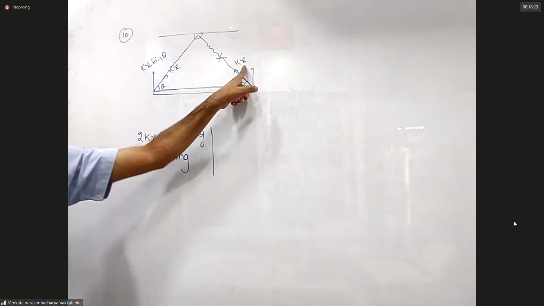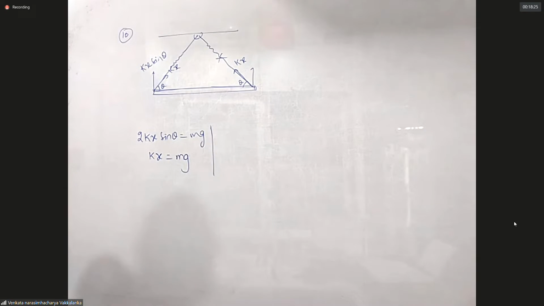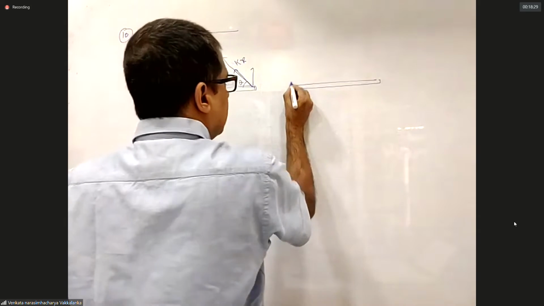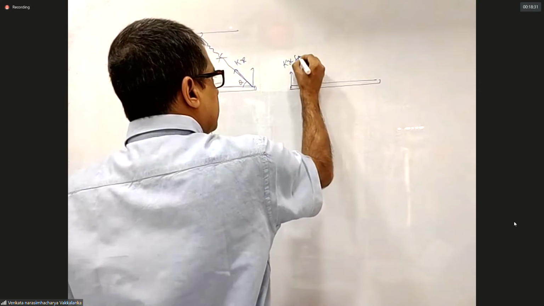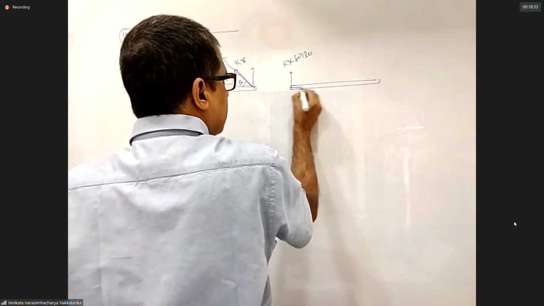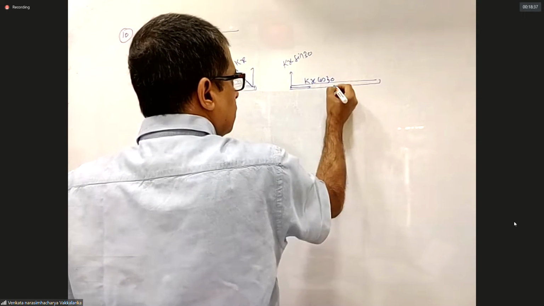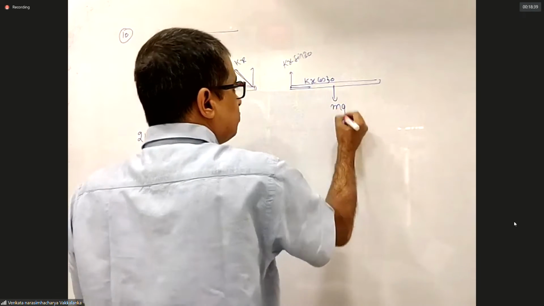Once the spring is cut, this Kx will become 0. Now, what are all the forces acting on this particular body? I will have Kx sin 30 here, I will have Kx cos 30, and this will be mg.